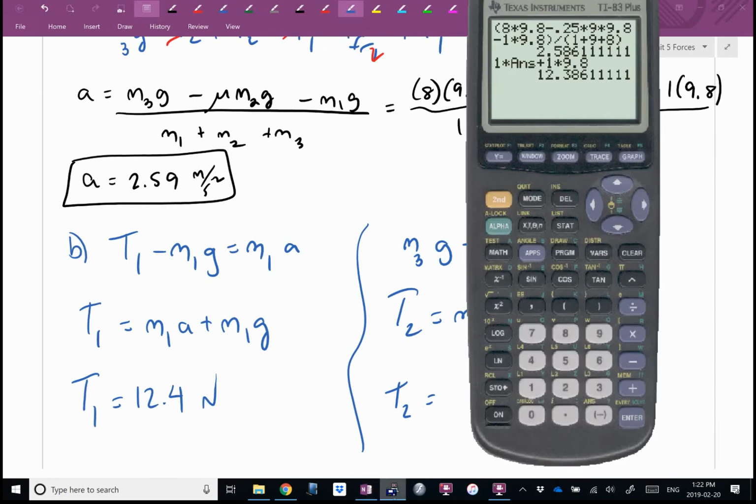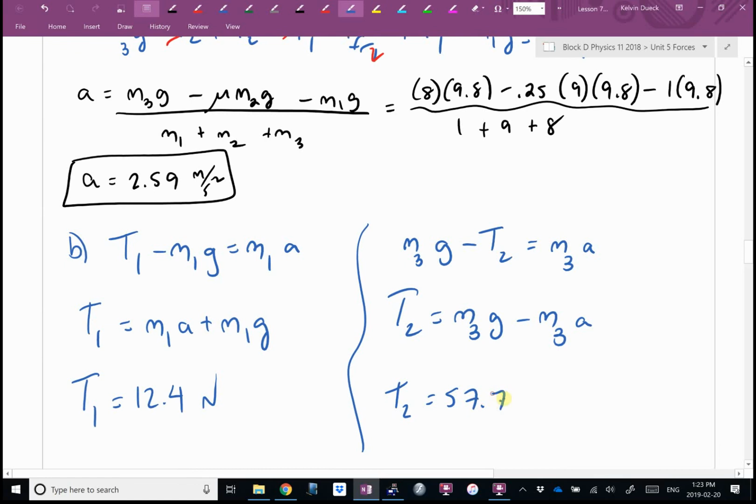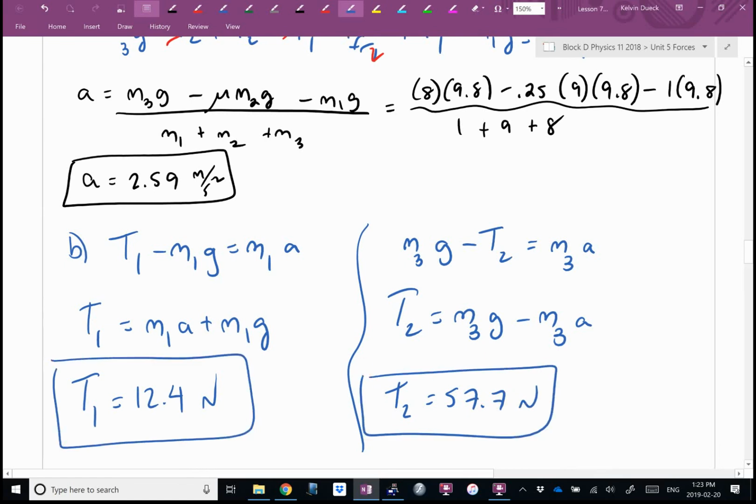And those of you that do tension 2, I'm going to cheat, and I'll get my acceleration back in my answer button memory. Tension 2 is going to be 8 times 9.8 minus 8 times answer button. I think tension 2 is going to be 57.7 newtons.